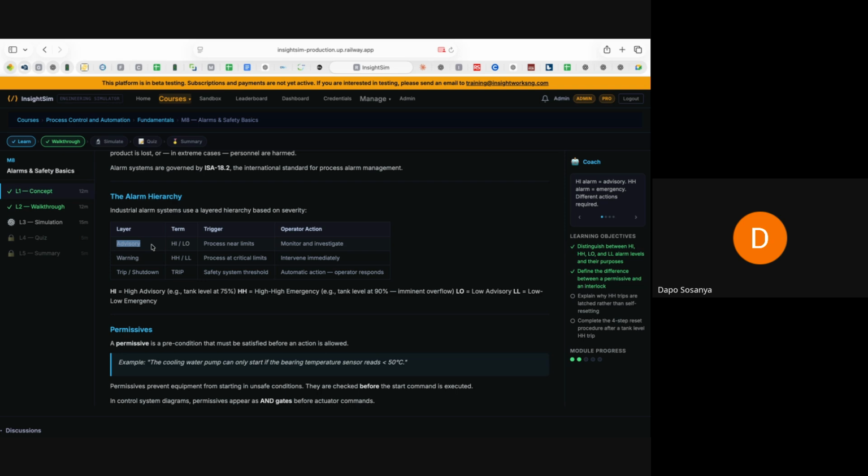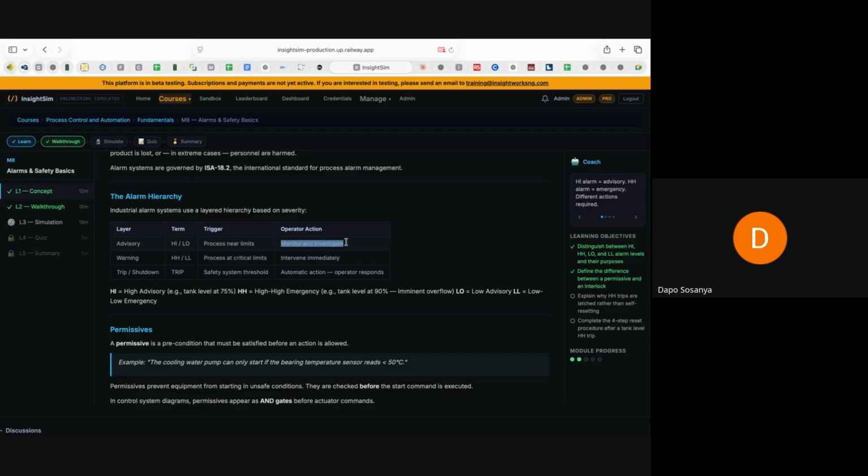There will be no alarm indication. So that's the time we use HI and LO, high alarm and low alarm. When the process nears limits, monitor and investigate. That's the operator action.